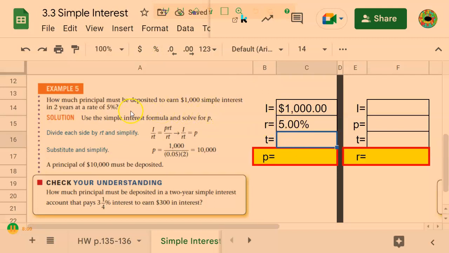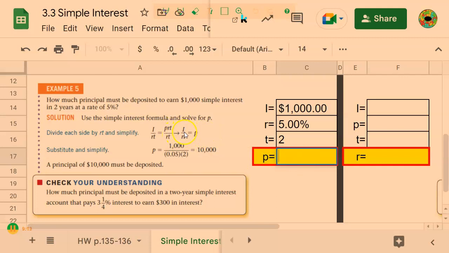And the time is 2 years. I don't have to do any calculations because it's already in years. So there's no dividing by 12 or 365. The units are already years. The question is, how much money do I have to start off with to make $1,000 with 5% interest in 2 years? Okay. And the formula is simply right here.